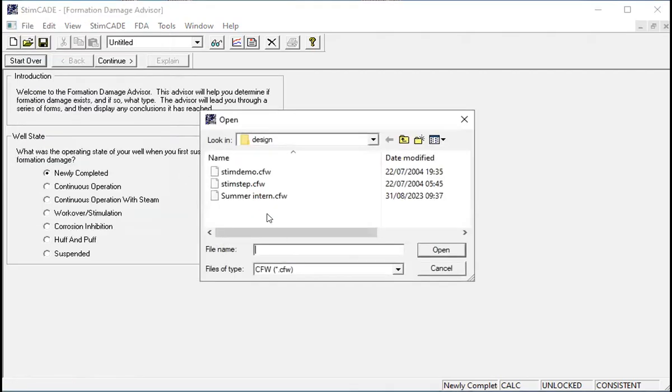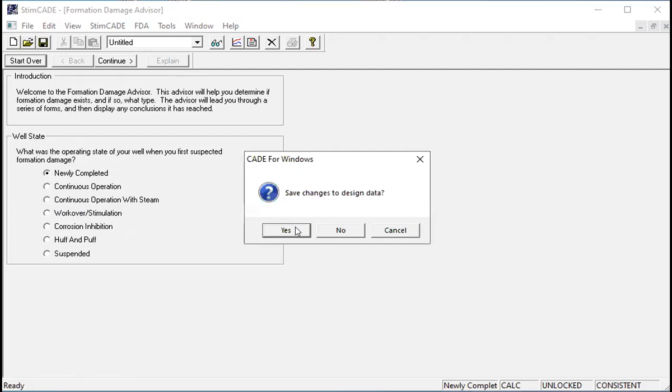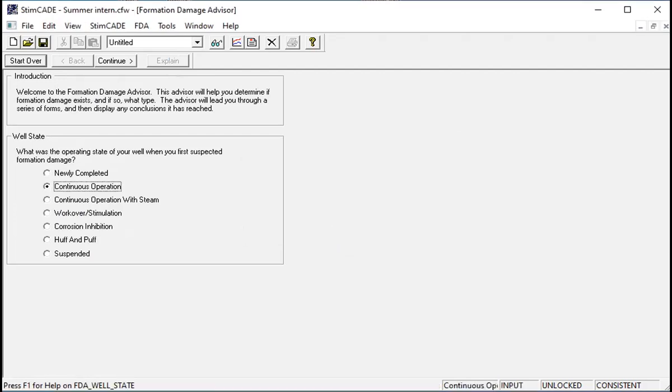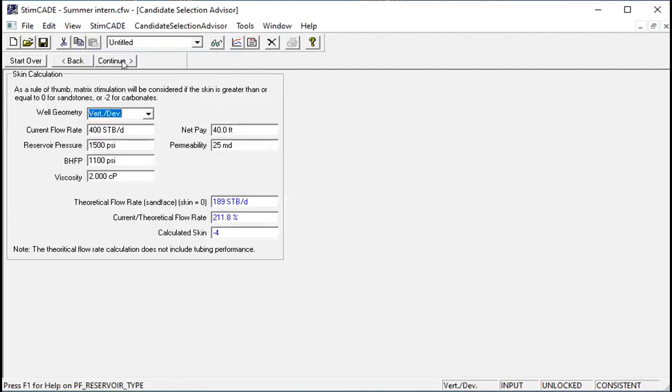what I simulated the other day so that we just work with the data. All right, so at the beginning, the candidate advisor is the same thing: oil reservoir, sandstone. This is what we have. Do some adjustment. We have 150 there. Our net pay, let me use the values that we used.